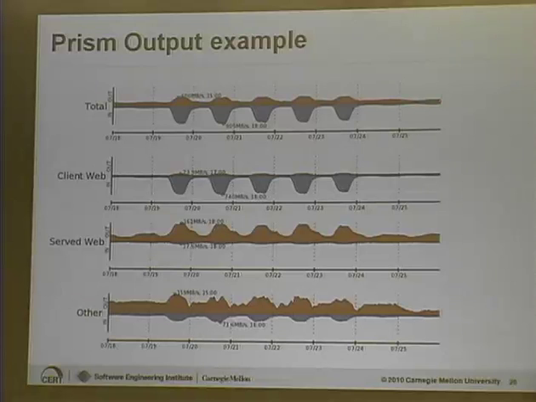Here's an example where you've got the total amount of traffic at the top. Clearly, you can see the 24th and 25th there must be on a weekend. Down below, we've pulled out all of the client web traffic. To break down the parts above and below the x-axis, underneath is inbound traffic, above is outbound traffic.